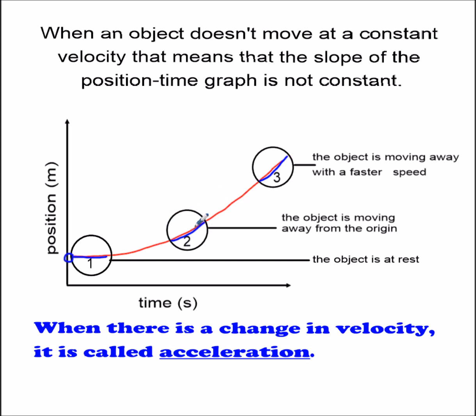In this interval right here, it's moving away from the origin, but in this interval 3, it now has a greater positive slope, which means it's moving away from the origin faster than before. This curving position time graph indicates that there's a change in velocity, and a change in velocity is defined as acceleration.